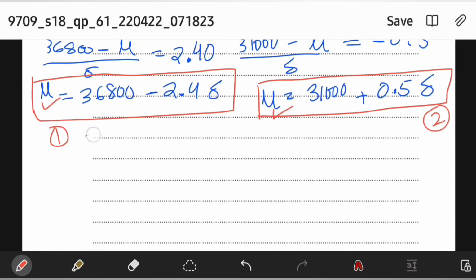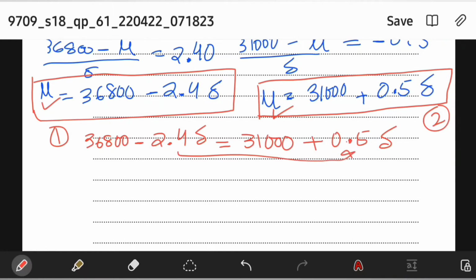So that would be 36,800 minus 2.4 standard deviation is equals to 31,000 plus 0.5 standard deviation, and shifting it there, it would become 0.5 plus 2.4 is equals to 36,800 minus 31,000.